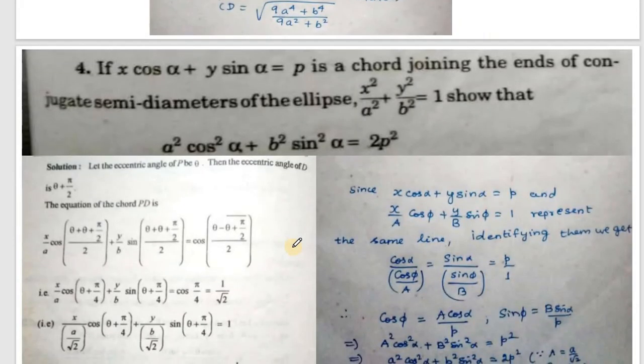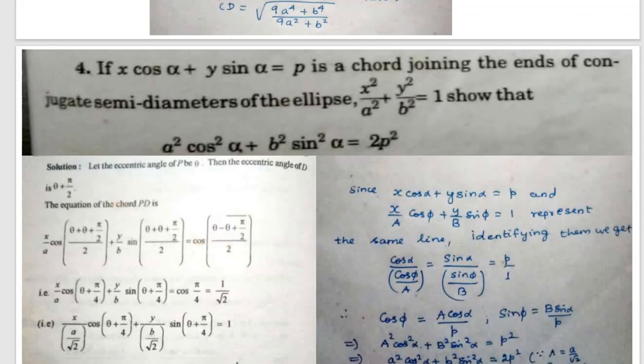The next one: if x cos alpha plus y sin alpha equal to p is a chord joining the ends of conjugate semi-diameters, we are asked to show something.